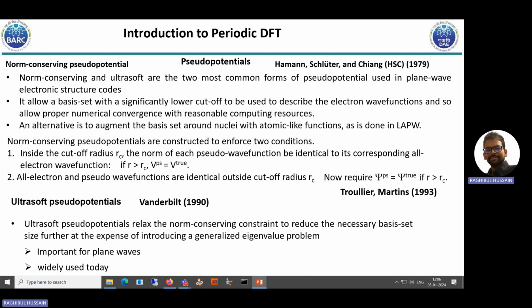In ultrasoft, what they are trying to do is take a low cutoff so that you can take a low number of K points, but provided that you should not reject.